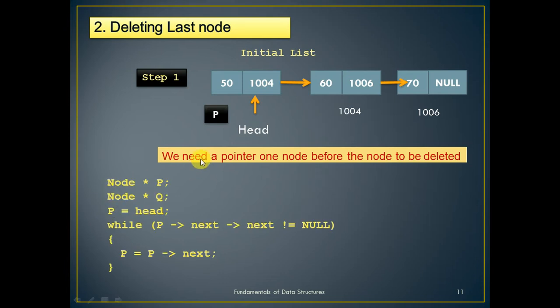To assign the pointer to the node before the deletion, we declare the p variable, then p is equal to head, and while p points to next points to next is not equal to null, because we need a pointer before the node to be deleted. Hence we require the pointer variable at the last but one node, here the second node of our list. Then we traverse the list with p is equal to p points to next. It means that p is at the second last node.